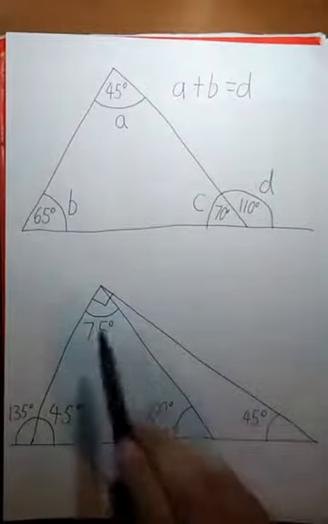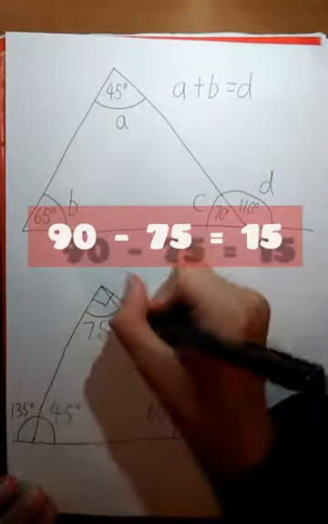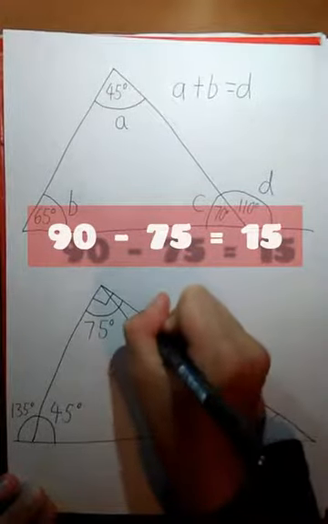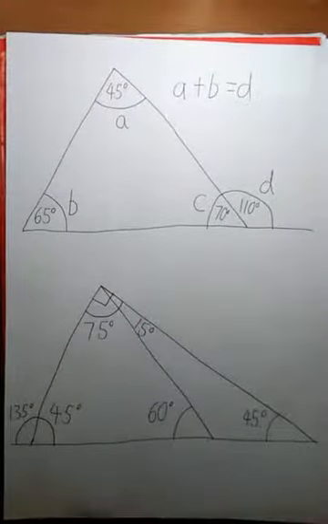Now, we know that these two angles combined is 90 degrees, so 90 degrees minus 75 degrees is 15 degrees. And then there's two ways that we can figure out this last one.